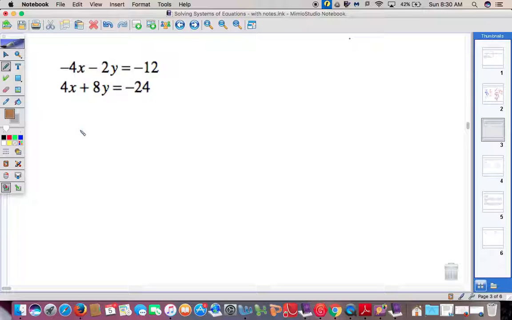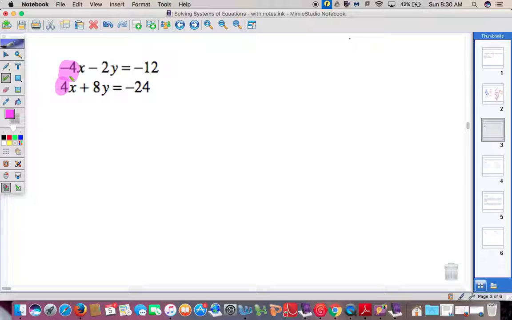The opposite coefficients are this negative 4x and this positive 4x. When we add opposites, we get a 0, right? They eliminate each other, which is the point of the elimination method. The point is to eliminate a variable, and then we can easily solve for the second variable.